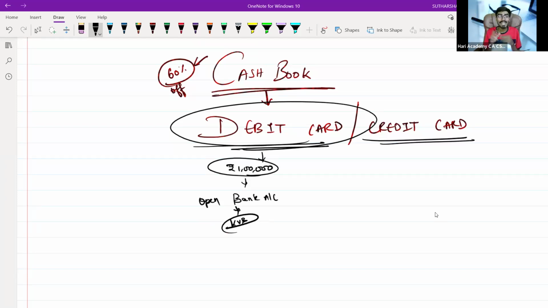Whenever I require, at any time, anywhere in India, or anywhere if you have an international debit card, you can use the debit card for that 1 lakh amount. You are restricted to using 1 lakh. That is your own cash.